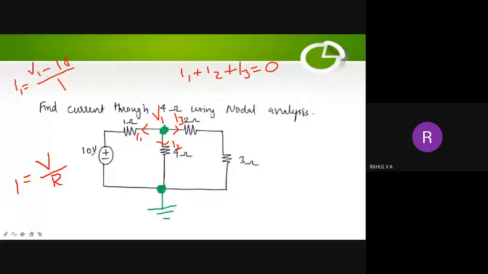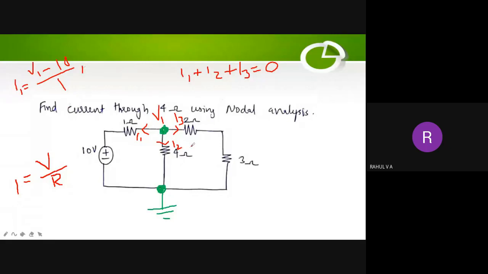So the potential difference between both terminals of the 1 ohm resistor is V1 minus 10, and voltage divided by resistance is the current value. So V1 minus 10 divided by 1 is I1.